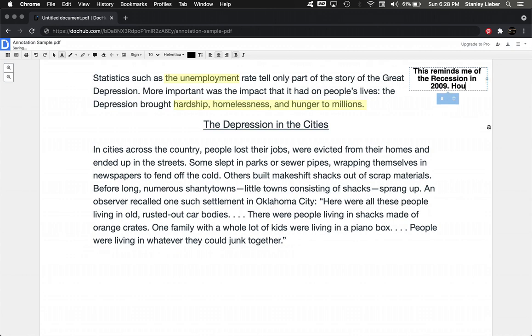And then I'm just going to make a little note to ask the teacher later. Is this kind of similar to the housing bubble? And then this gets me thinking, all right, recession, it sounds similar to depression, but it's different. So maybe recession versus depression. How are they different? And this might be a really good thing to follow up on. I can do my own research, or I can ask my teacher later on.